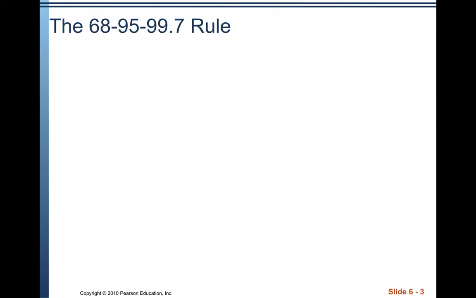First thing we want to talk about is this thing called the 68, 95, 99.7 rule. You may have learned about this in Algebra 1 or Integrated 1, depending on what class you took.